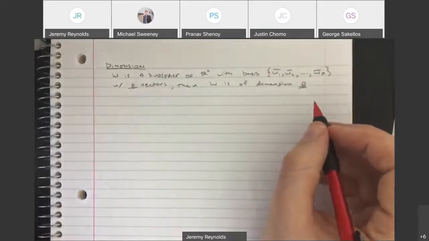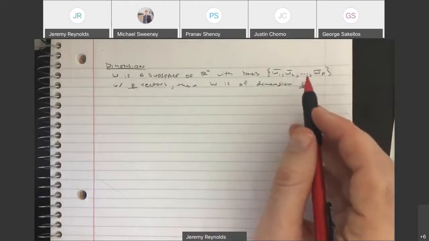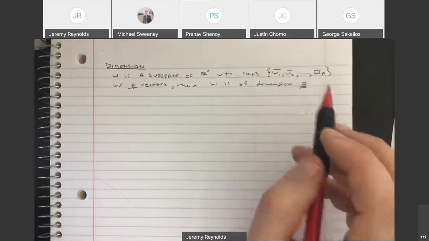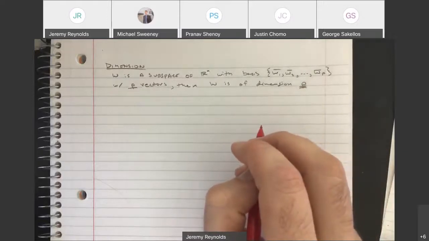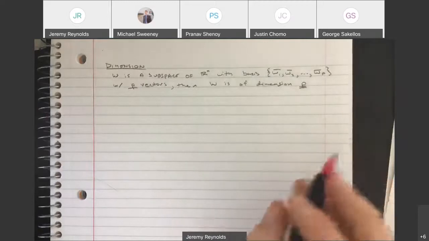So it just basically means that the dimension is the minimal number of vectors needed to describe the set. If I can describe the set with one vector, it's one dimensional. If I need 20 vectors, then it's 20 dimensional.